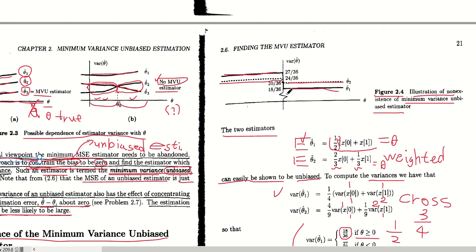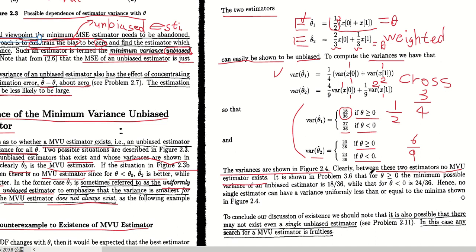As a result, you see that theta 2 is better in this region, but in this region, theta 1 is better. So we will say that no MVU exists.